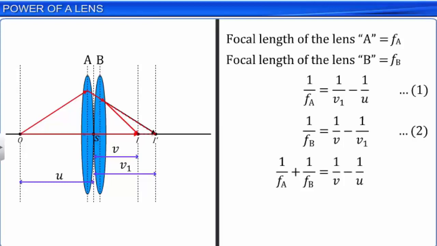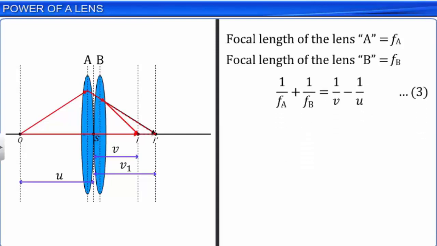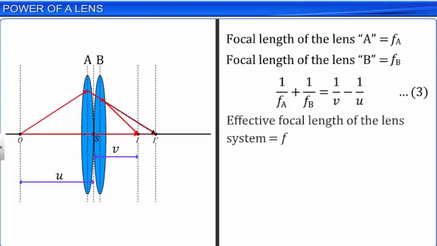If F is the effective focal length of the lens system, then using the thin lens formula, we can write that 1 by F is equal to 1 by V minus 1 by U. Let this be equation 4. From equations 3 and 4, we can write that 1 by F is equal to 1 by FA plus 1 by FB. Let this be equation 5.